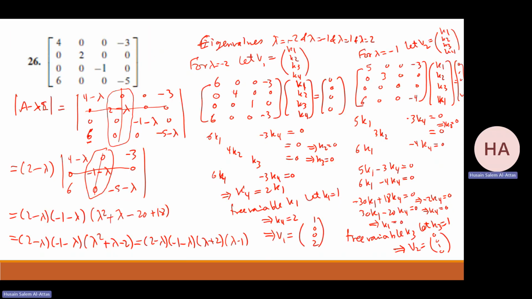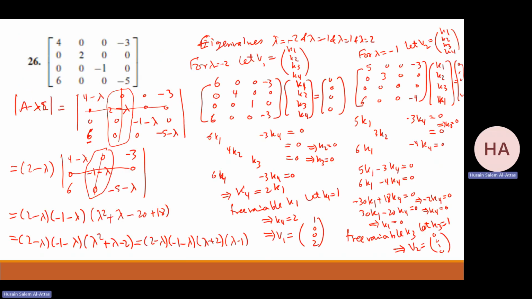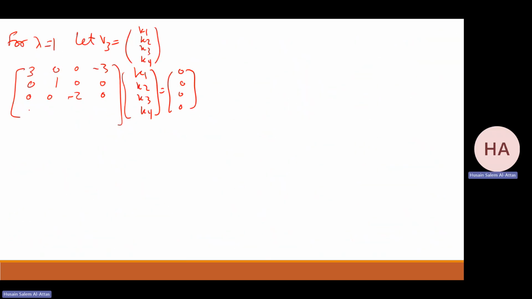That will be 0, 1, 0. And 0, 0. Minus 1, that will be minus 2, 0. Six, 0, 0 minus 5. So it will be 6, 0, 0 minus 6.